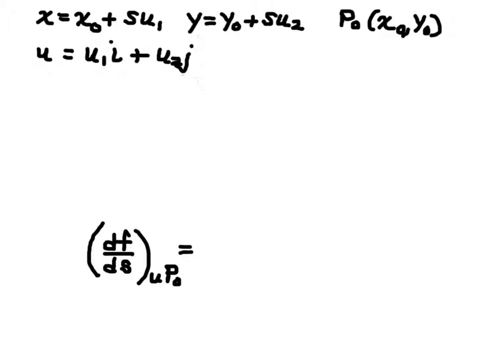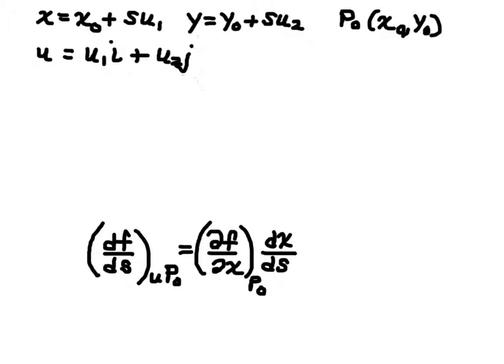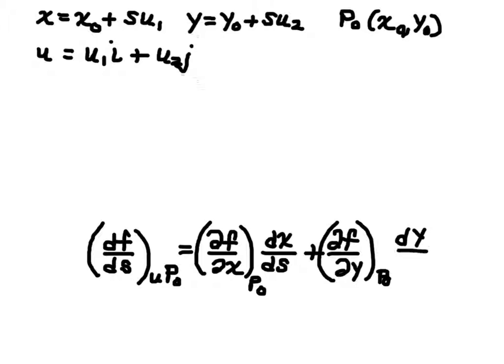It's equal to the partial derivative of f with respect to x at p naught, chained out using the chain rule, dx ds, plus the partial derivative of f with respect to y at p naught, times the derivative of y with respect to s.